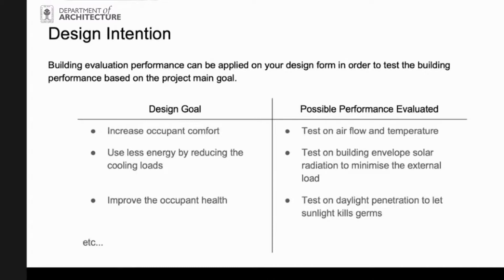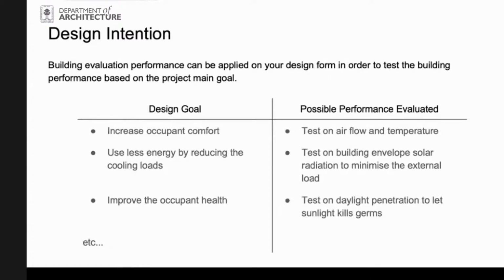There are several software to test the occupant comfort, but we can also do it partially by testing the airflow and also the temperature, because those parameters could really affect the occupant comfort. So we can test only part of those parameters.